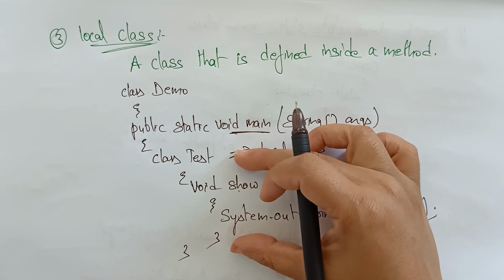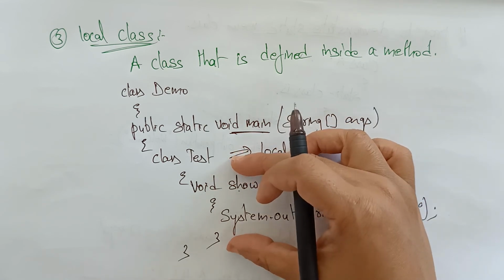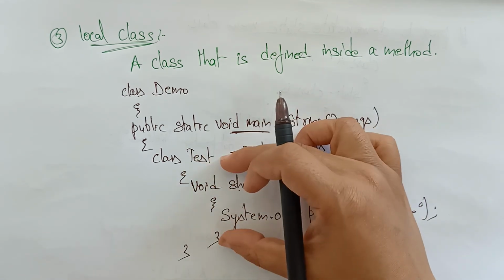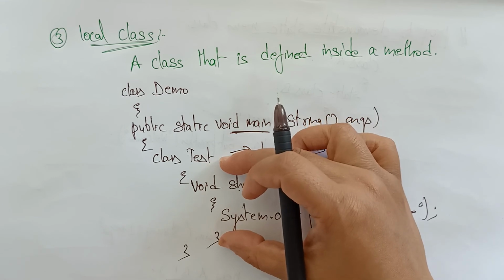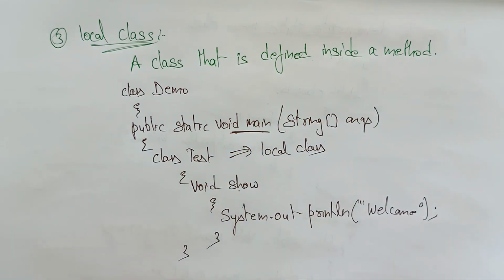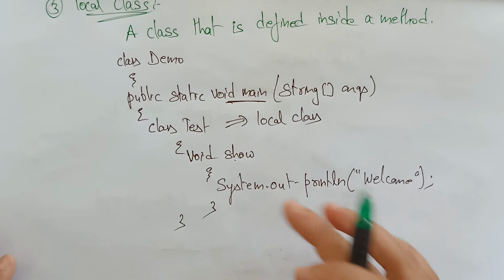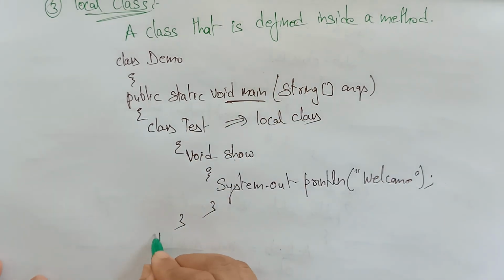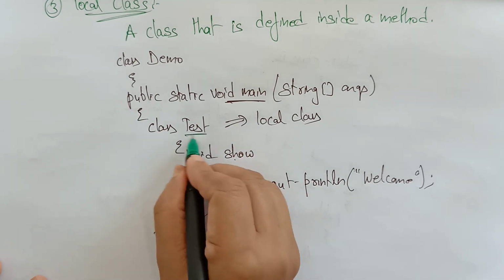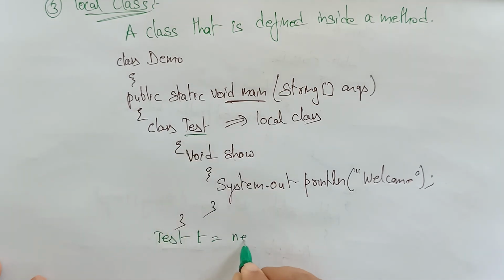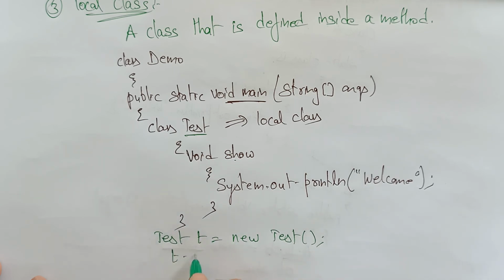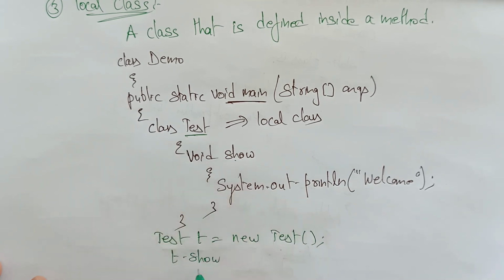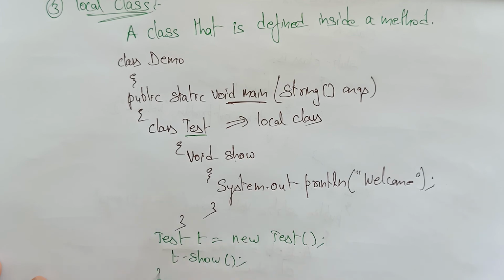Even though it is inside a class that is present inside the main method, if you want to access this class, try to create an object. Without an object reference, you can't access the method, right? You can't access the class. So test, the class name is test. Test T is equal to new test. T dot show, because there is no return type, so directly T dot show.